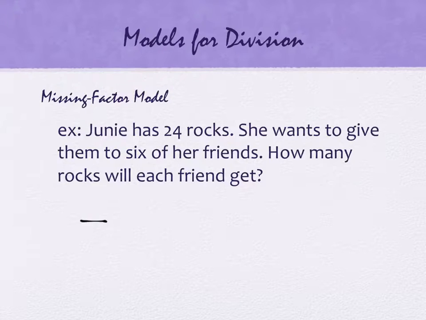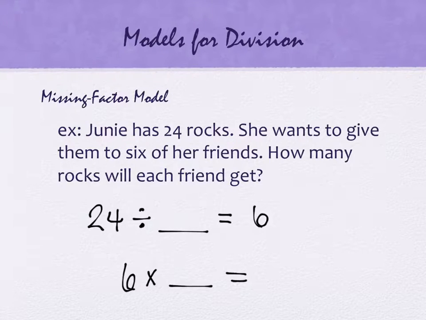So I have 24, and it's supposed to be divided by something, and I'm supposed to give them to 6 friends. So in terms of a missing factor model, it means that 6 times something is equal to the 24. So we're trying to find this missing factor that makes that work. And that would be, of course, the number 4. And in this case, that would be 4 rocks.